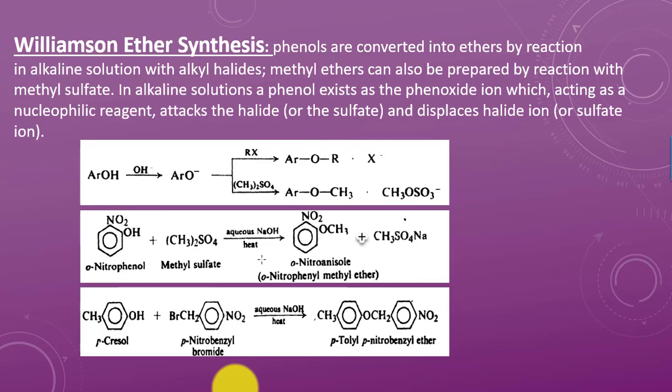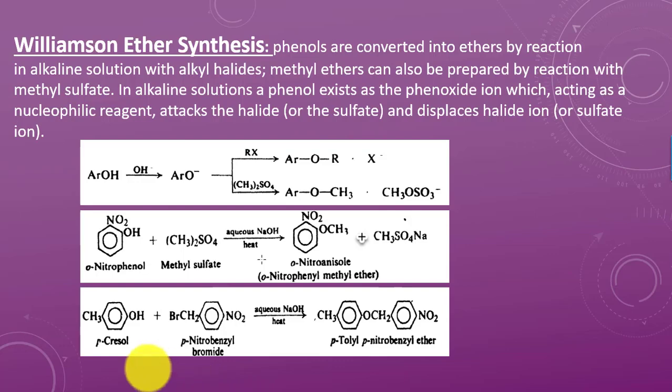Next one is Williamson ether synthesis. In this case, phenol is made to react with a base, and phenoxide ion is formed. In the next step, this phenoxide ion, acting as a nucleophile, will react with alkyl halide or methyl sulfate and replace the halide ion or the sulfate ion, resulting in the formation of alkyl aryl ether.